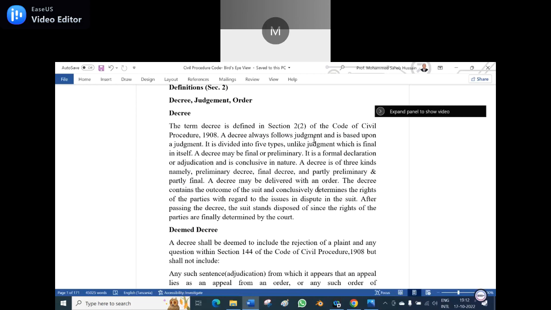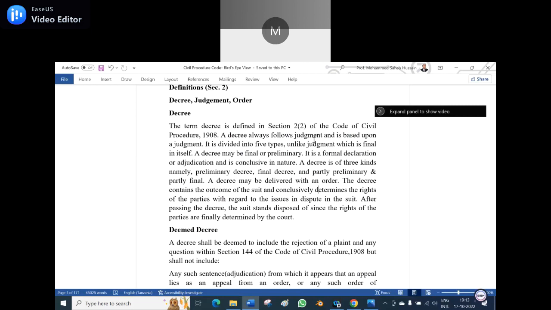A decree may be delivered with an order. So, judgment first. What would be the following? Decree is second, and order is the last. A decree may be delivered with an order, and an order would be passed there. The decree contains the outcome of the suit and conclusively determines the rights of the parties with regard to the issue in dispute in the suit.